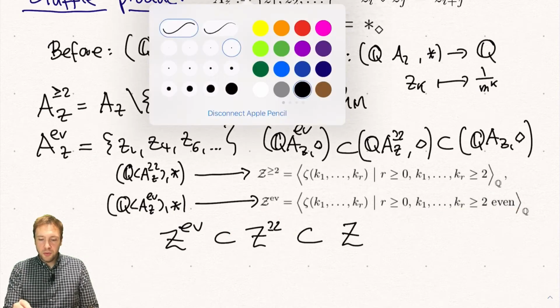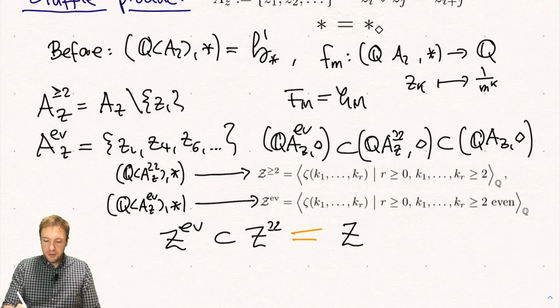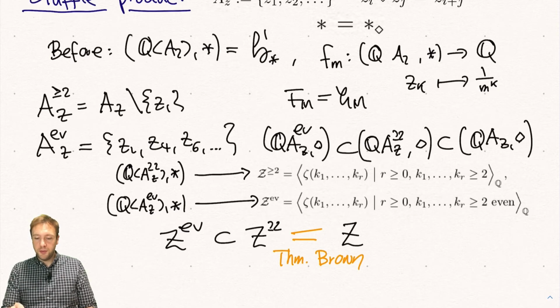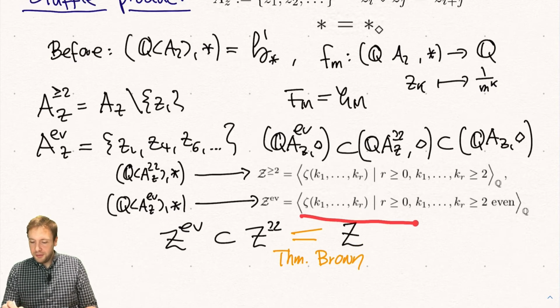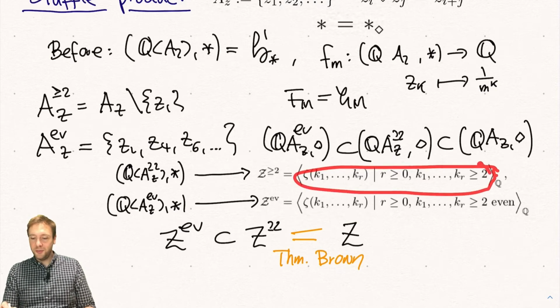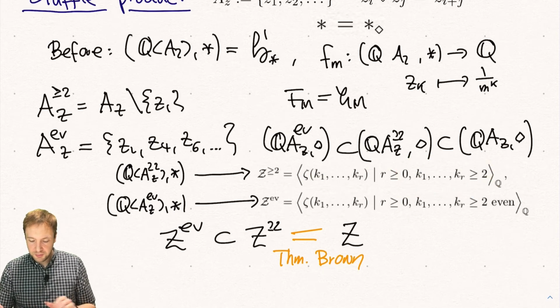And actually what we know, which is a non-trivial result, is that this is not really just a subalgebra, it's really the same, which follows from the theorem of Brown, which stated that the set of multiple zeta values where the entries are elements in 2 and 3 generates the whole space. And of course, if we take all multiple zeta values where the entries are greater or equal to 2, then in particular we also have all multiple zeta values with entries 2 and 3.